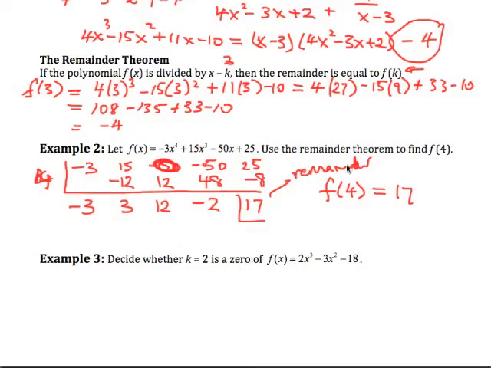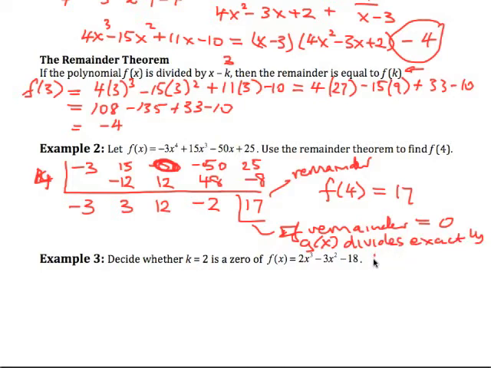So I can clearly say by the remainder theorem that this is equal to 17. Right, so that's how we use the remainder theorem. Now, a natural consequence of that is to find out whether or not a value is a zero, because if the remainder is equal to zero, then we know that g of x divides exactly into the f of x polynomial.